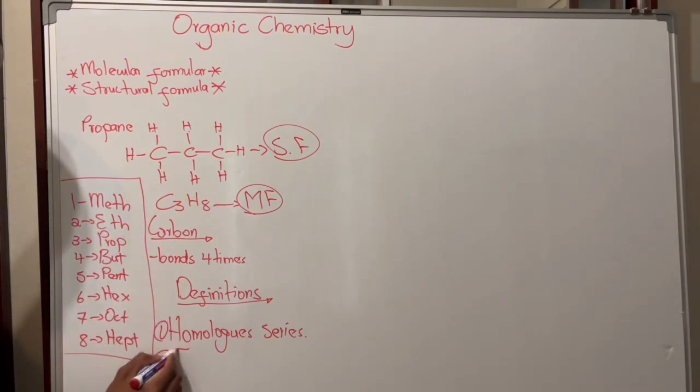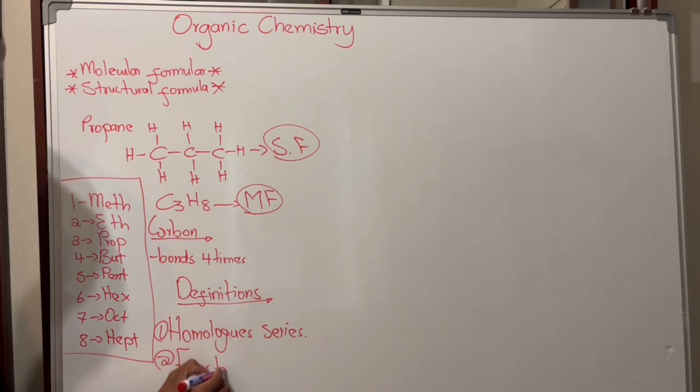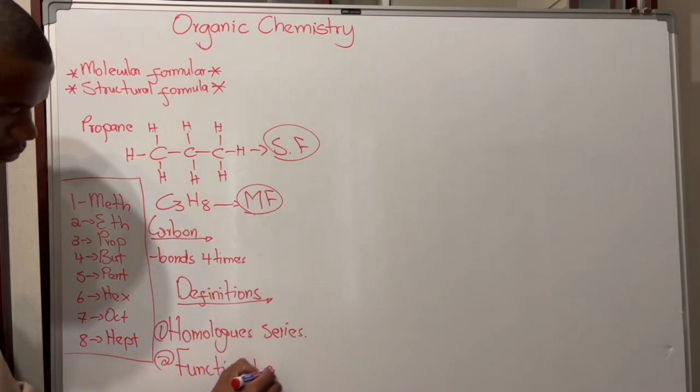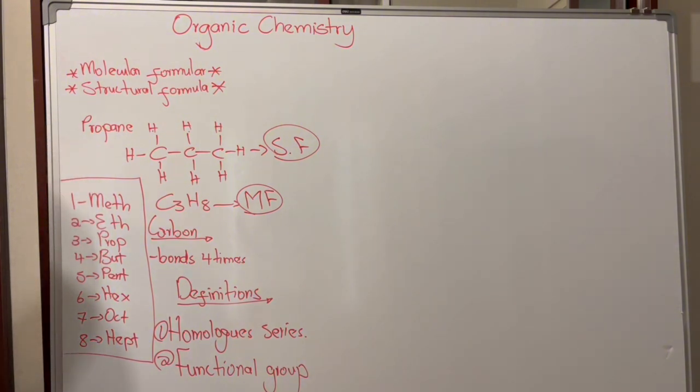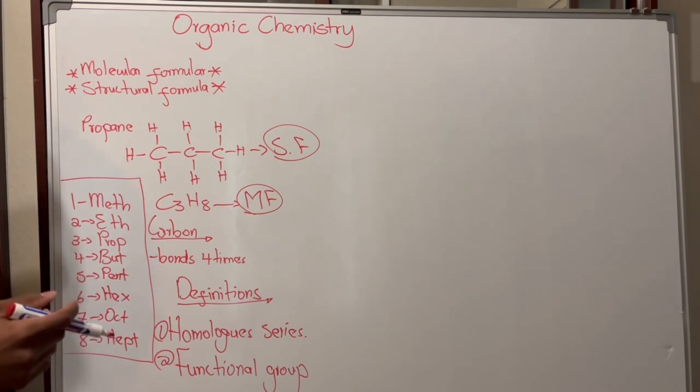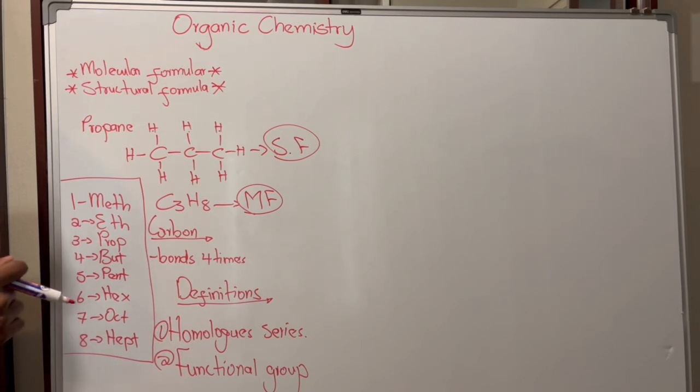What is a functional group? It is an atom or a group of atoms that define the physical as well as the chemical properties of an organic compound.